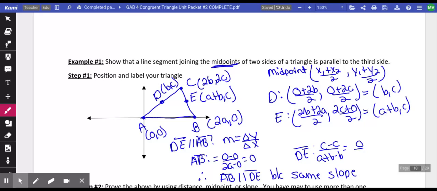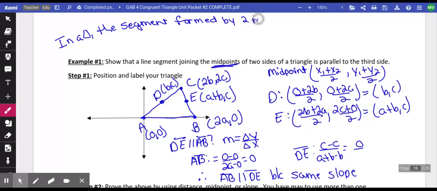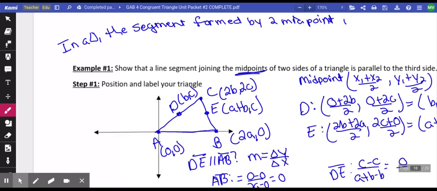So that's actually a theorem that we just proved using coordinate geometry: in a triangle, the segment formed by two midpoints is parallel to the other side.